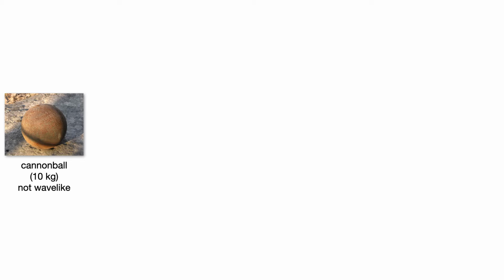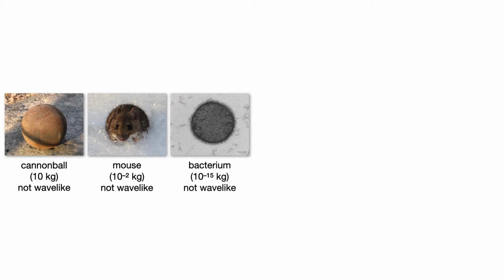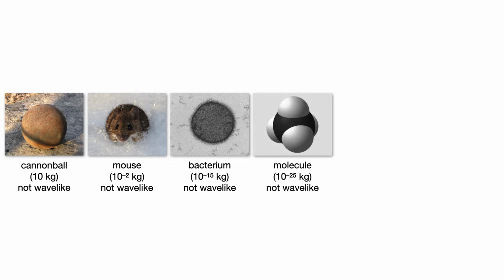It seems to move around like a particle. Even a mouse, which is much smaller, is still far too big to exhibit noticeable wave-like properties. Even a bacterium, much smaller still, is far too large to notice its wave behavior. And even going much smaller, a molecule is still too big to really notice its wave properties.